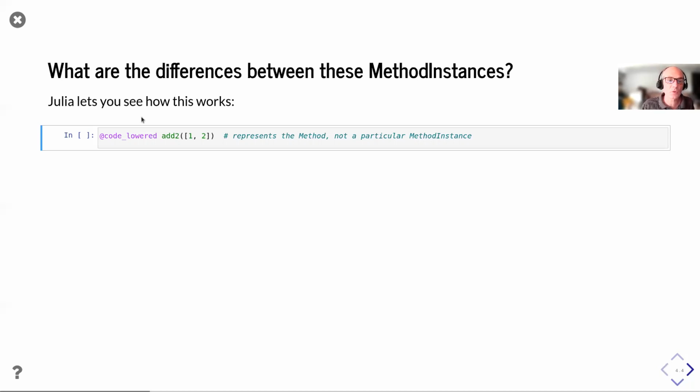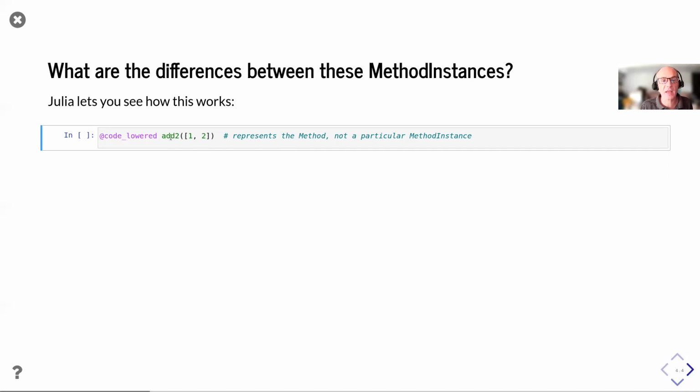The first way we're going to see under the hood of this function is to use the so-called @code_lowered macro. What this gives us is a representation of this specific method that is applicable. There's only one in this case, but that's true in general. It doesn't specialize it for the particular method instance.